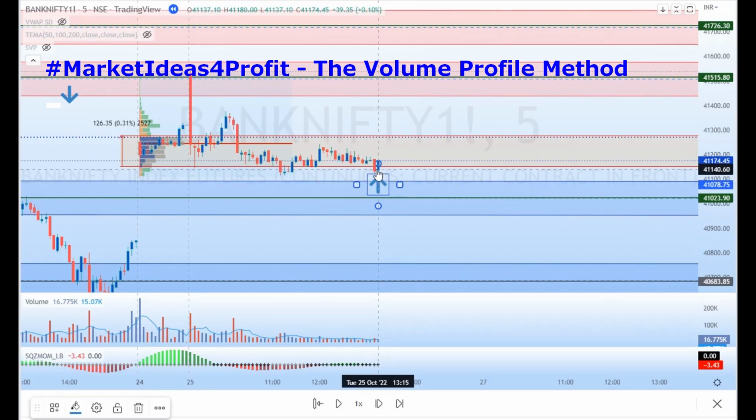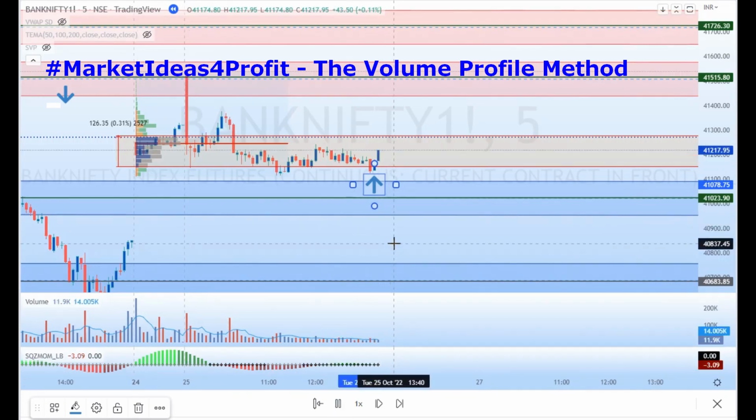I would take an entry on this candle and set up my target as the value area high of the balance that has been created. Let's see how the trade proceeds after we took an entry on this bar at 13:15.